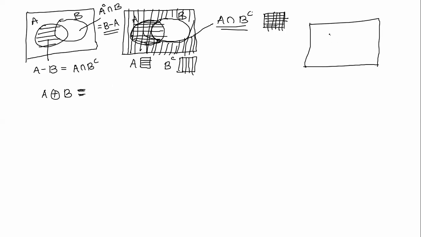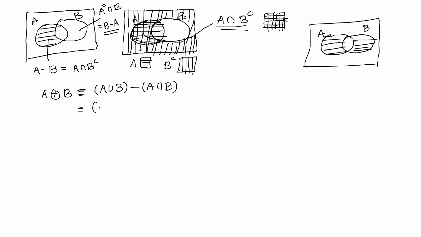This is A, this is B, and the ring sum is this one, and you can call this A union B minus A intersection B. This is one definition. Another definition can be A minus B united with B minus A.